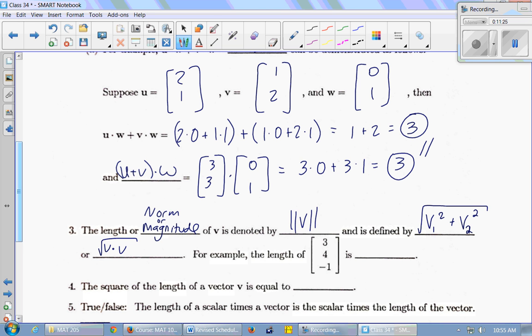So for example, the length of 3, 4, 1 would be the square root of 9 plus 16 plus 1. So that is the square root of 26.